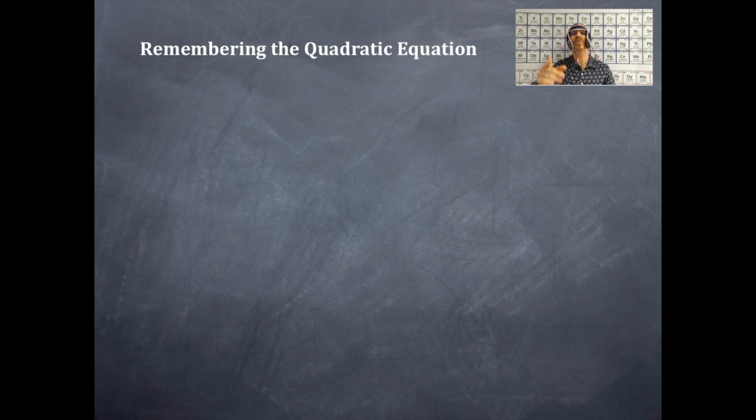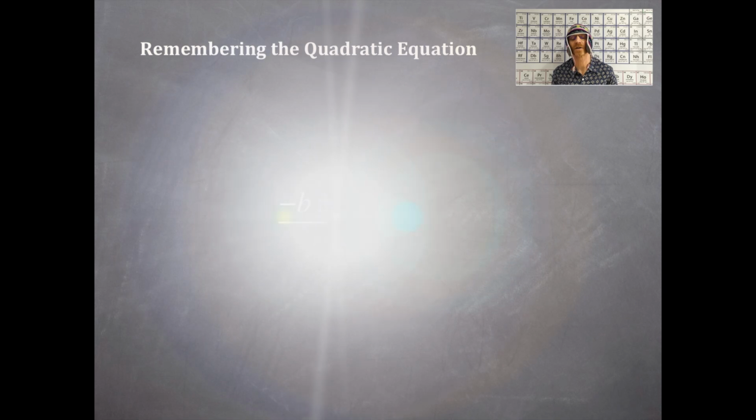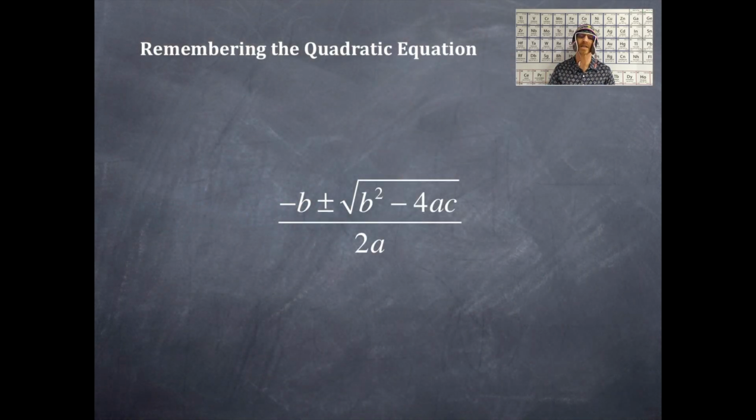So, remembering the quadratic equation, here we go. This is the quadratic equation, which is minus b plus or minus square root b squared minus 4ac all over 2a. So how do you remember this? Well, here's the story. There was once a negative boy. See that negative boy right there?